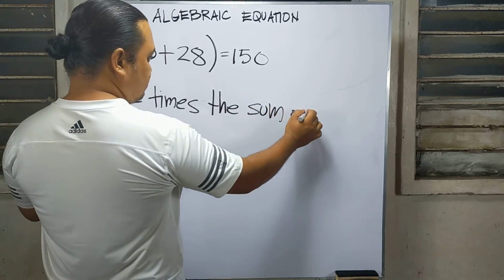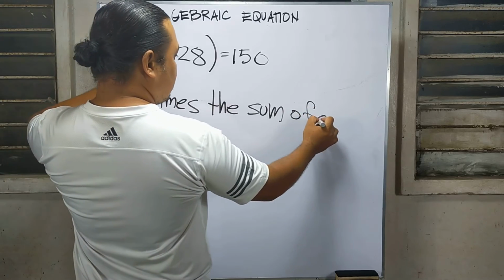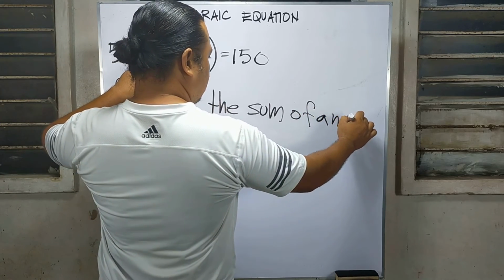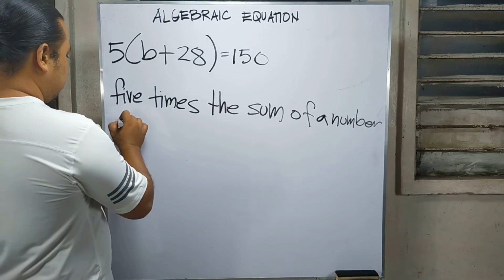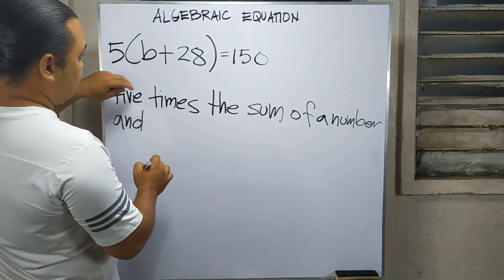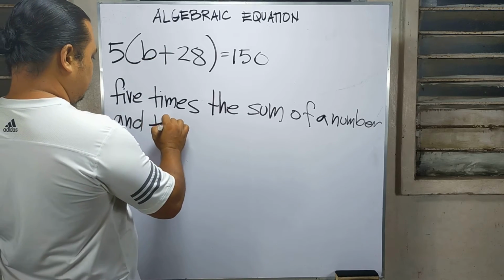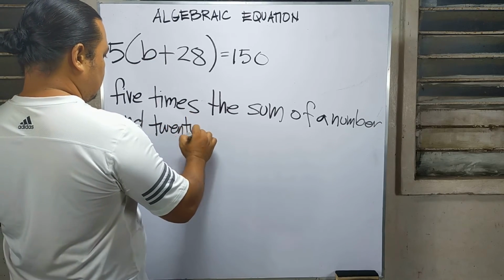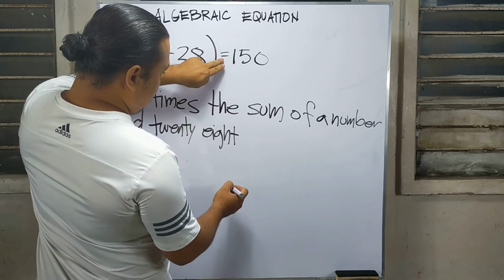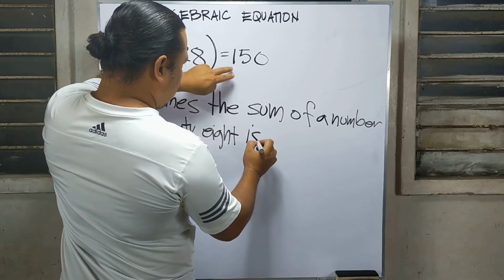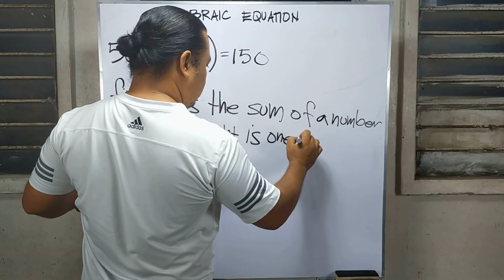Sum of a number, that is b for our variable, and 28 is equal to, or is, 150.